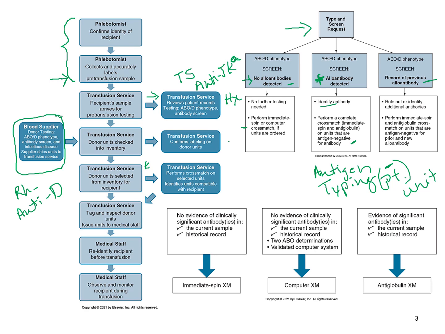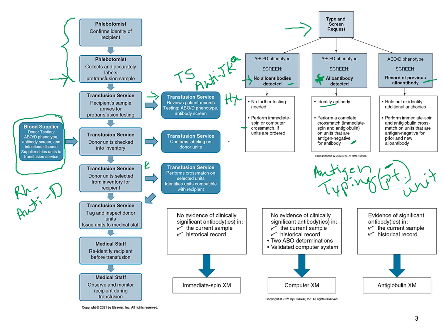Now, if you do look up in the history and you have a record of a previous allo antibody, even if it's not showing up now, then you need to honor that. It used to be in the past that most facilities just honored it. As long as the antibody screen seemed to match up with it, they honored that antibody, did the full cross match, and if something didn't match, then they would work it up.